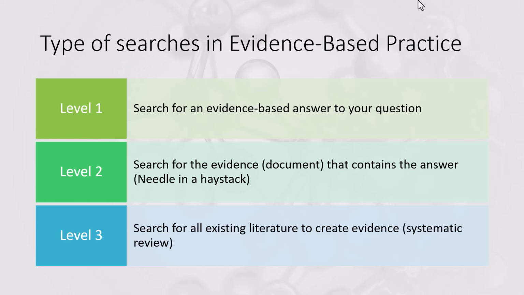There is also a higher level of searching that is for generating the evidence, and it is useful when there are so many studies answering the same question and they provide varying answers to a question, and sometimes conflicting answers. So the only way to find one source of truth is to collect all of these studies, putting them together as a systematic review and synthesizing this evidence to say, what if all of these separate studies were a single study?